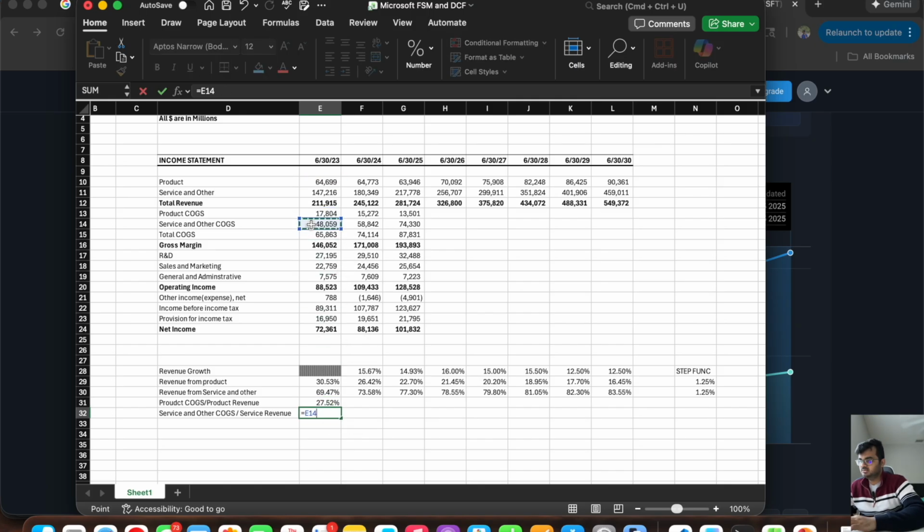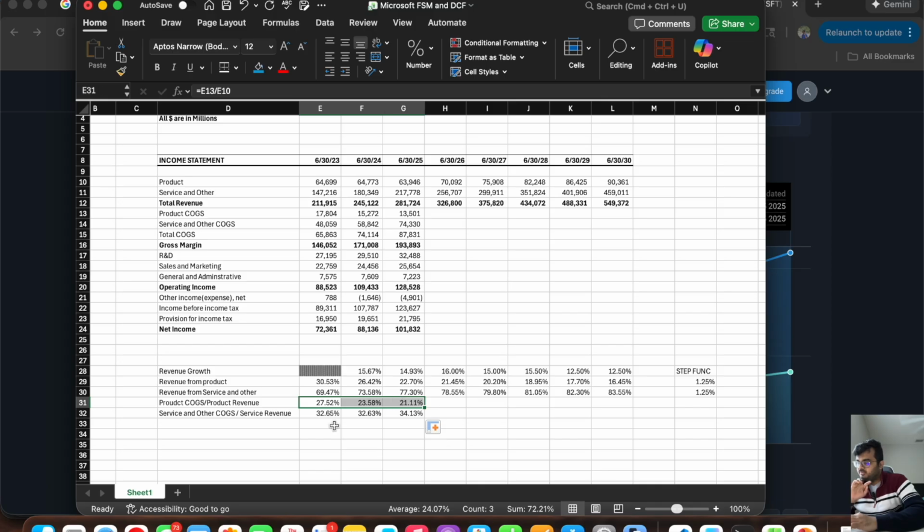Okay, so here, the product COGS was 27% in 2023, then in 2024 it went to 23%, and in the most recent year it is 21%.